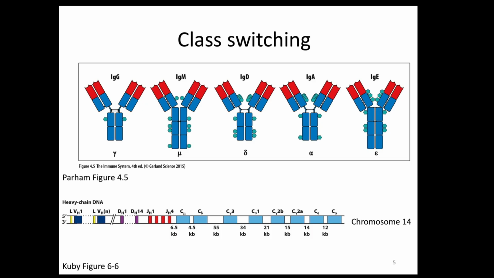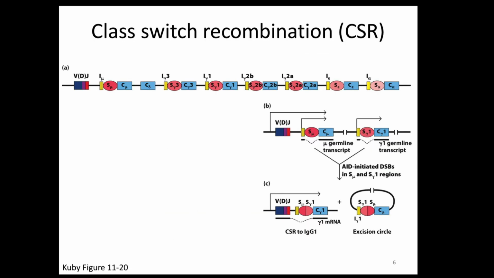Each of them has a switch site in front of them, and for class switch recombination, this same enzyme, AID, is mutating the switch sites, so it's deaminating cytosines in the switch sites to uracils, and it's basically leading to DNA damage of that switch site. That switch site has a lot of Cs in it that all get changed to Us, so it's a mess. And as a result, the cell tries to repair that switch site by recombining it with another one, by doing homologous recombination as a part of DNA repair.